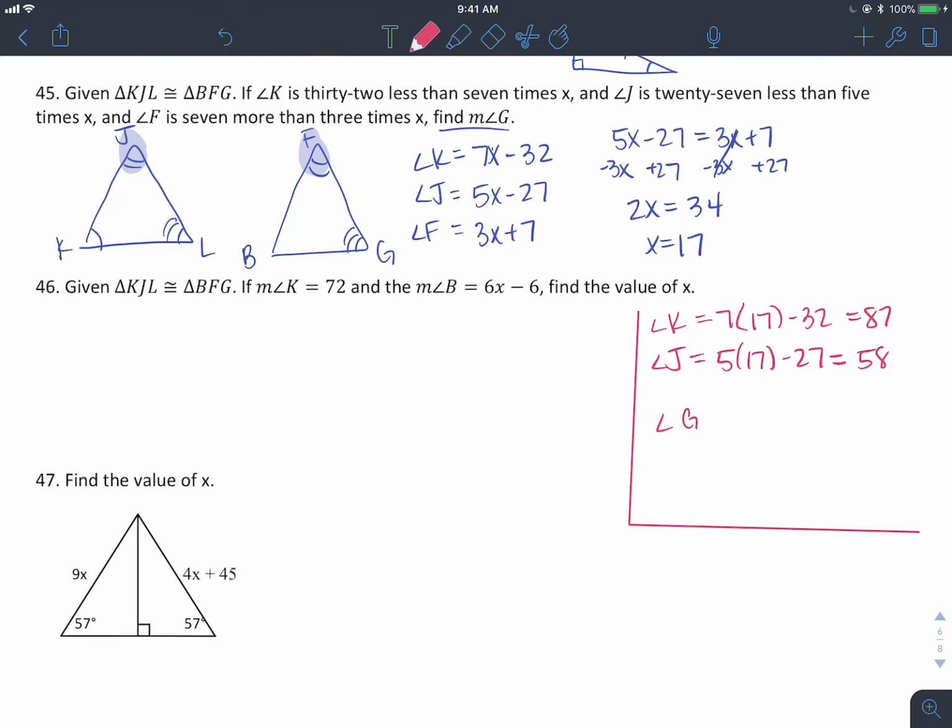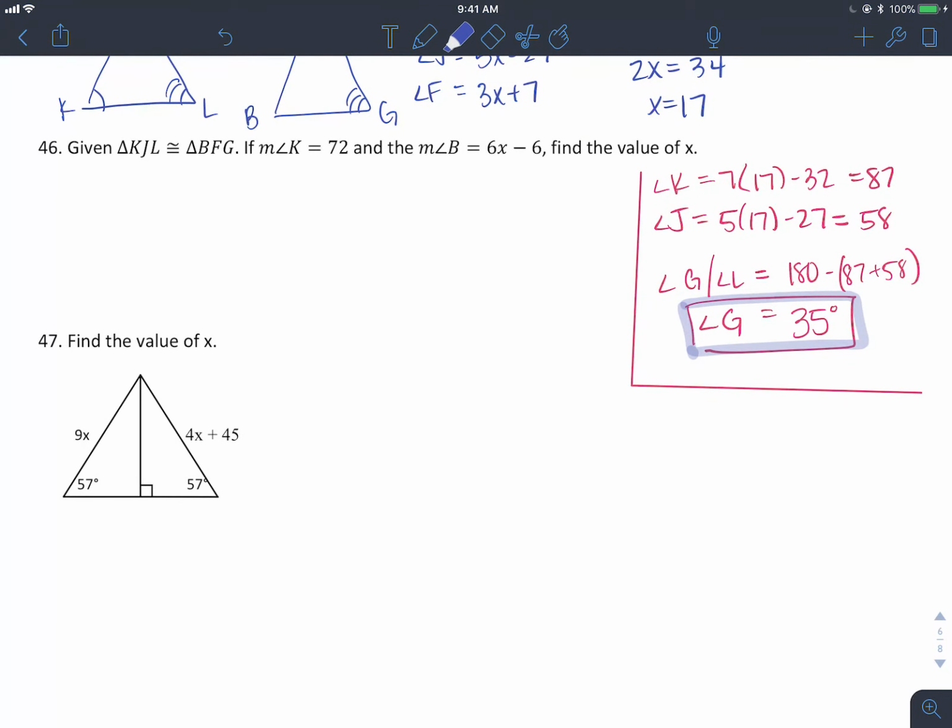So then angle G or angle L, because they are congruent, is going to be 180 minus 87 and 58. So 87 plus 58 subtracted from 180, and our answer is going to be 35 degrees. So that is our final answer for number 45.